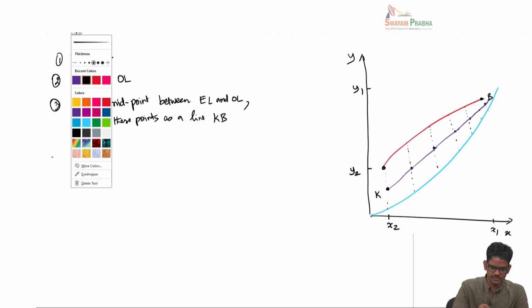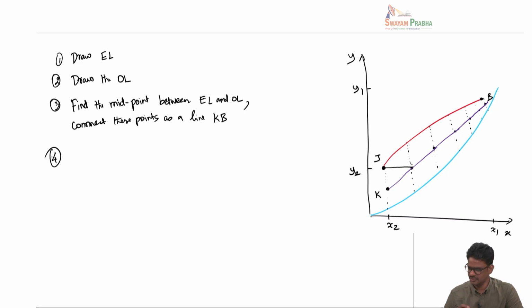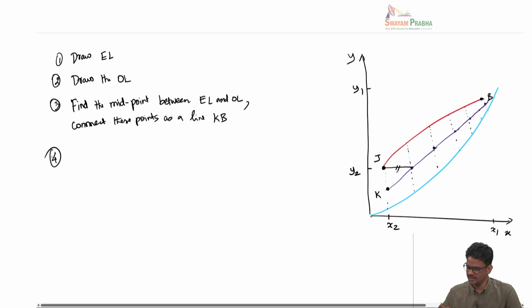Step 4. Let's say this point is J. That's the end point. From J you go horizontally to the line KB, you measure this distance and then extend this line further by an equivalent distance, and I find this point L, such that the length of this segment and this segment are the same.